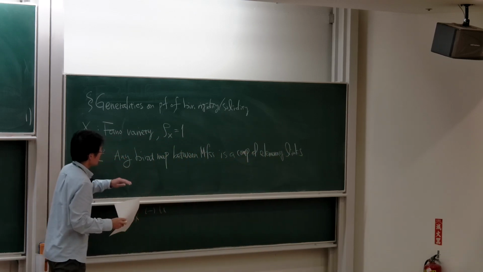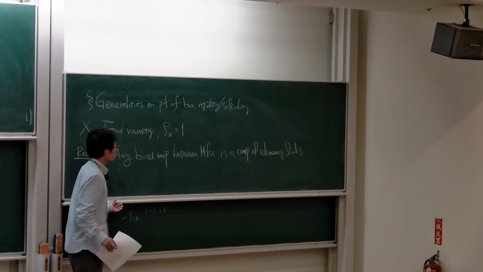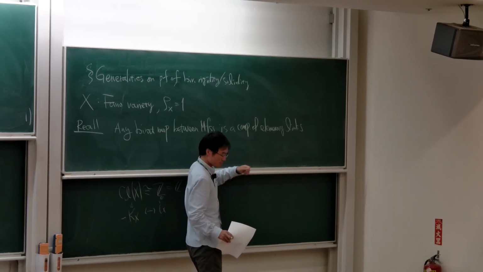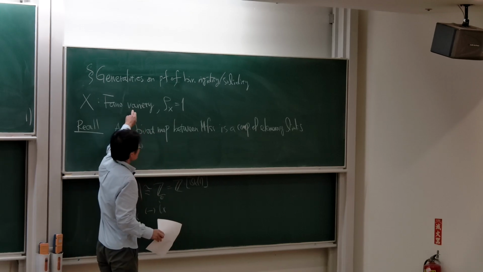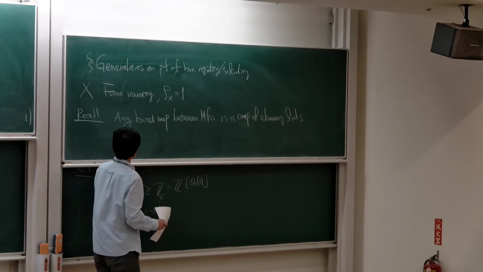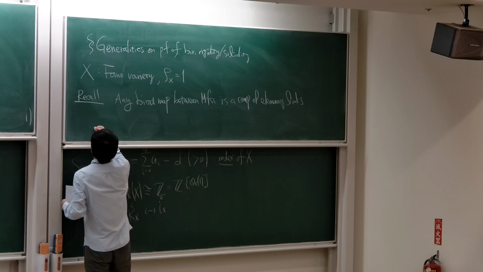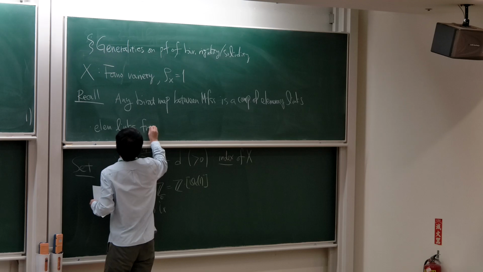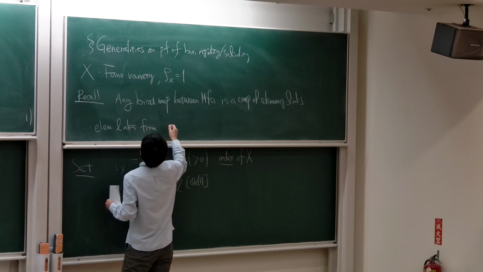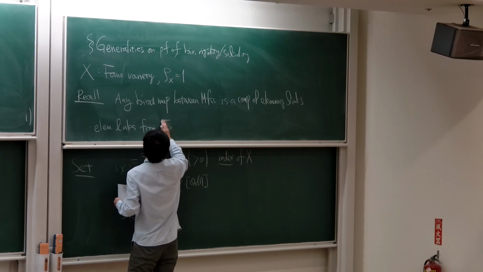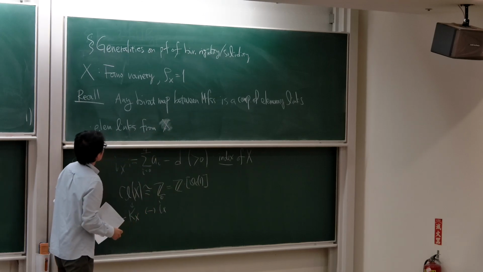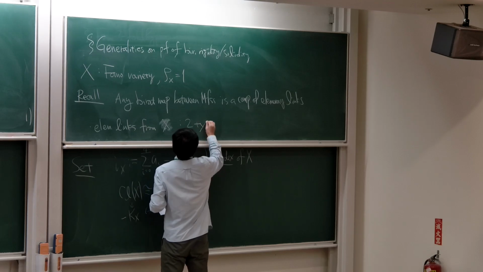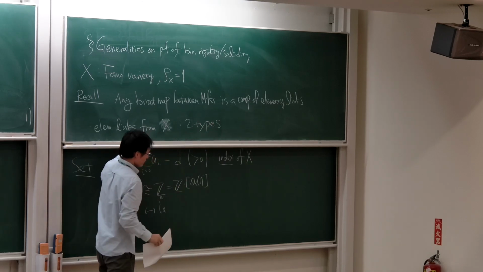I don't recall the details of this program, but I want to mention the elementary links from this Fano threefold of Picard rank 1. So elementary links from X, a Fano variety of Picard rank 1. There are two types, which I explain.